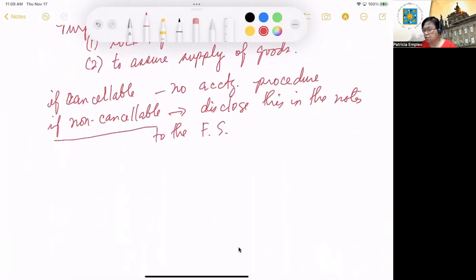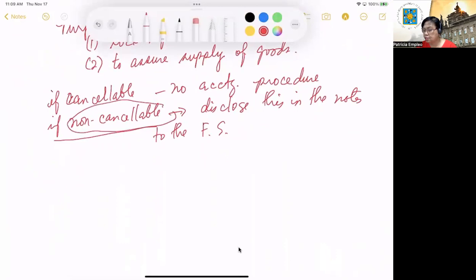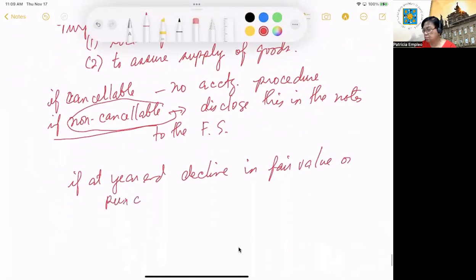Now, there will be special accounting entries if the purchase commitment is non-cancelable and there is, at year end, a decline in prices, a decline in fair value or purchase price of goods committed to be purchased.